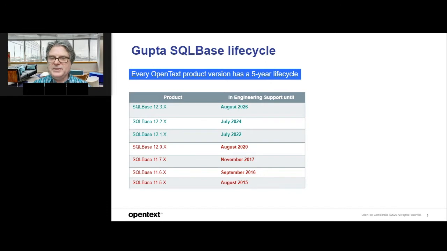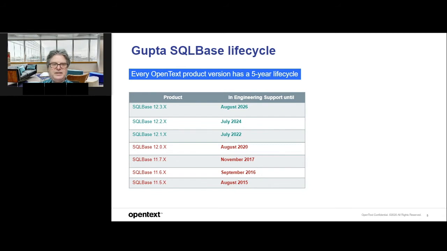Here is the Gupta SQLBase lifecycle slide. If you are on maintenance with OpenText for Gupta SQLBase, then you have access to My Support, and this is basically the data that you see on My Support. You see all the life cycles for every product version, and you see that every product version in OpenText has a 5-year life cycle.